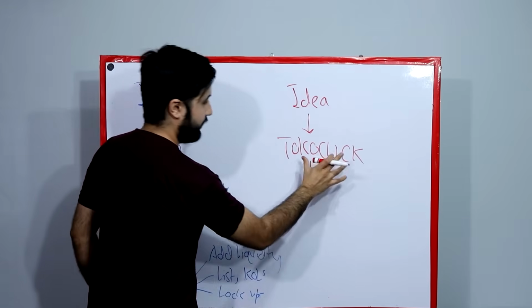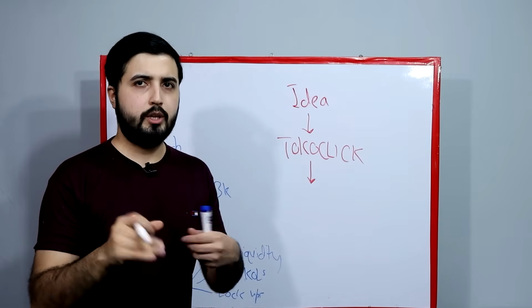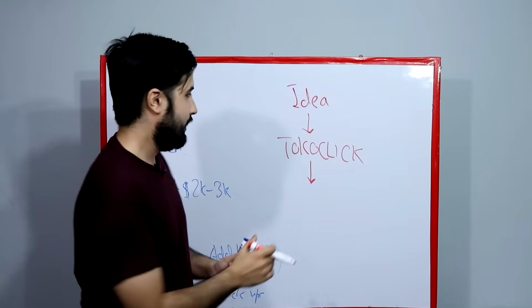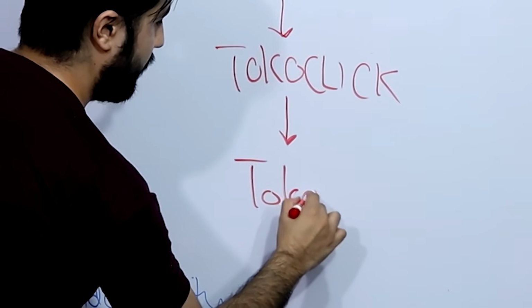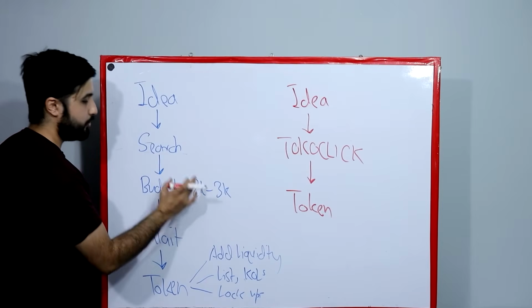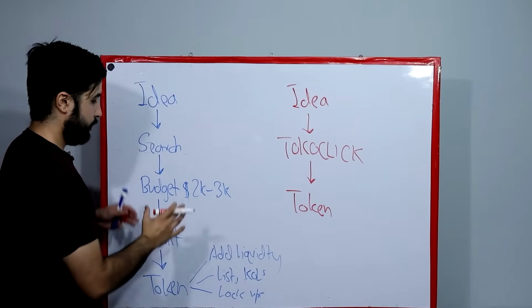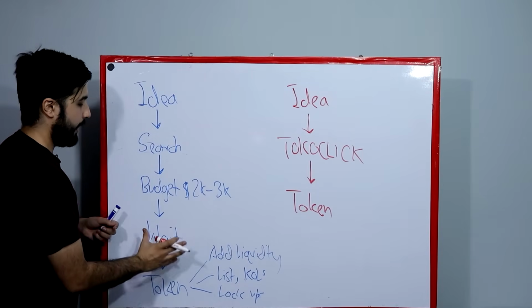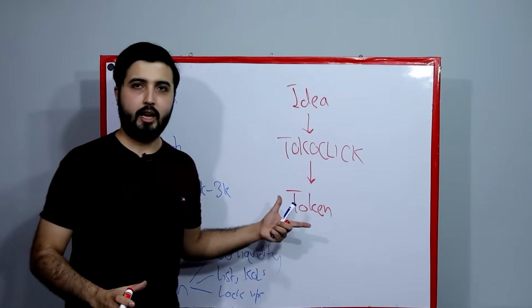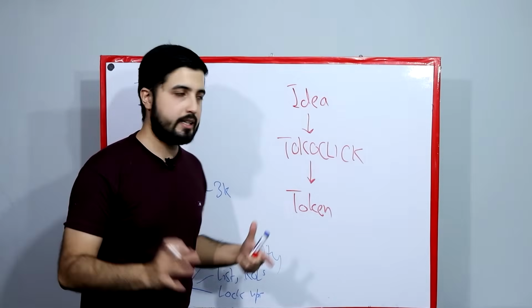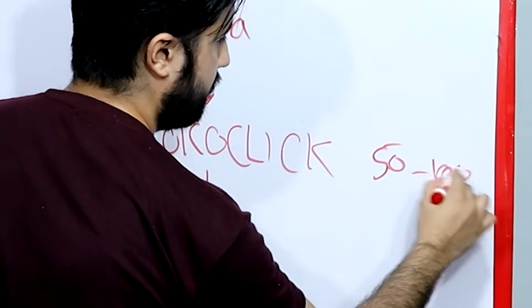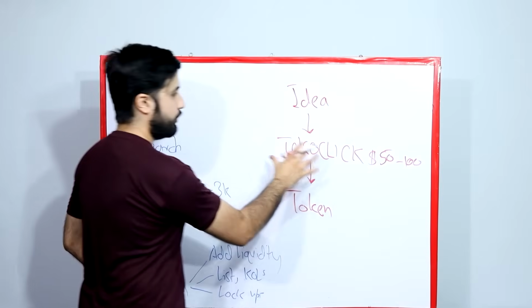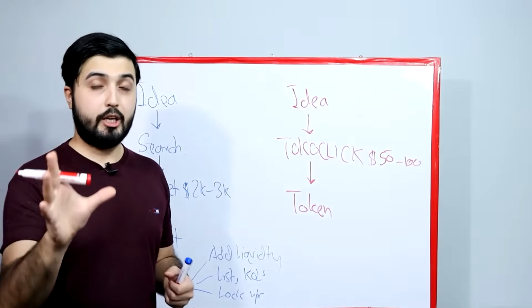Using TOKOCLICK, it requires just a few clicks, I would say just one click, and you turn your idea into a token. Here it is costing you thousands of dollars for all these different processes, and you have to wait. Here, it's done instantly in seconds, and you're paying maybe $50 or $100 for this entire thing.